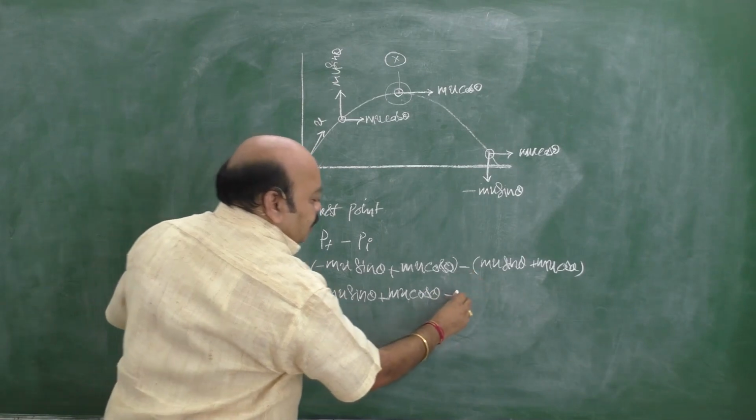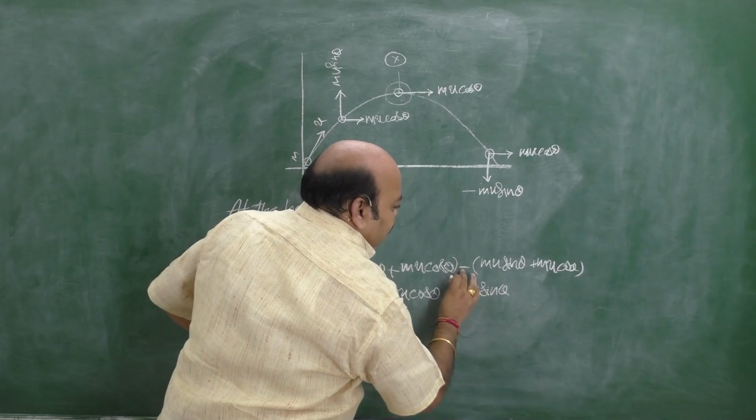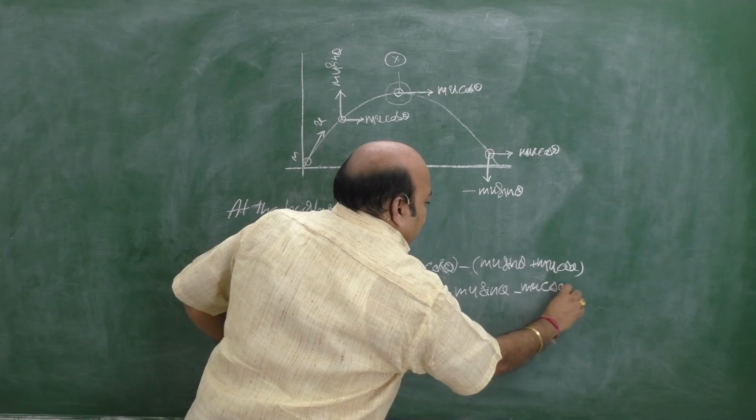Since the negative sign is there, be careful while doing the calculation. Mu sin theta with the negative sign, minus into plus, minus mu cos theta.